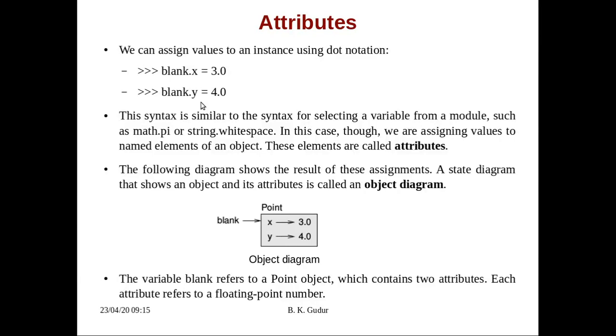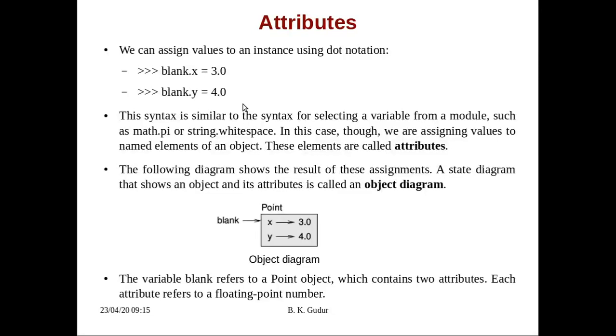Once we create an object of a class, we can have any number of variables, which are called attributes of the object. We can assign values to an instance using dot notation, because blank is just an instance or object. To that object we can assign some value.